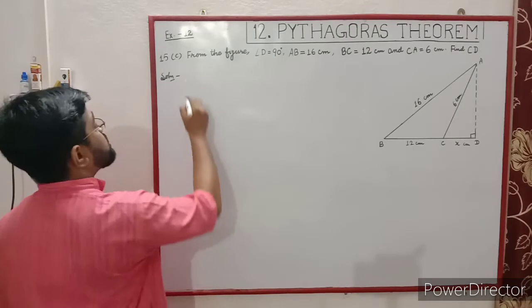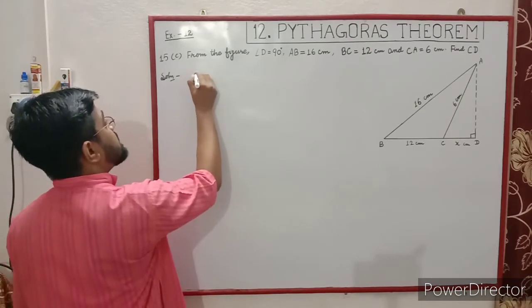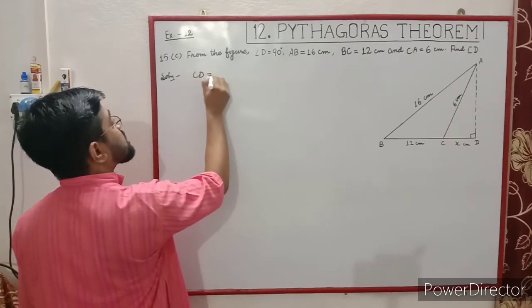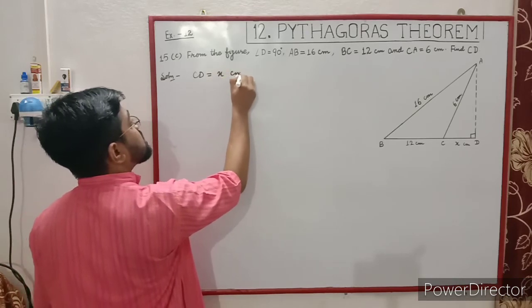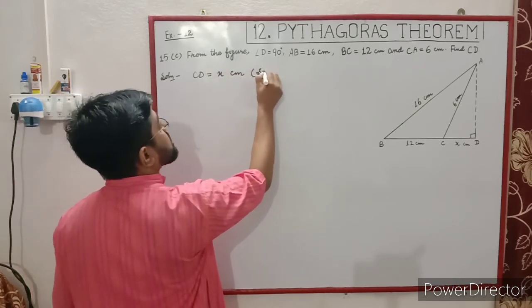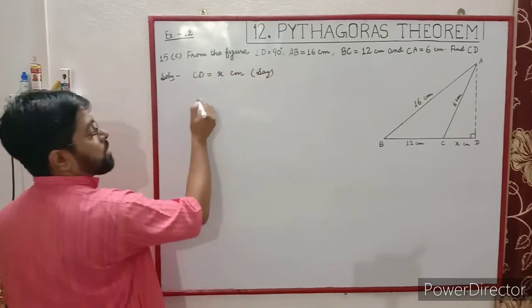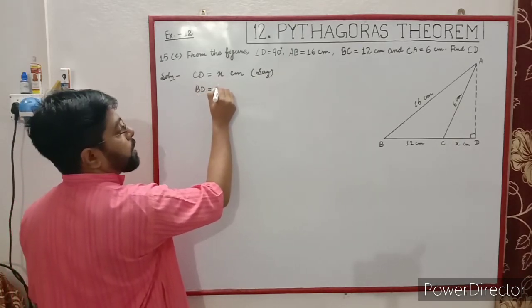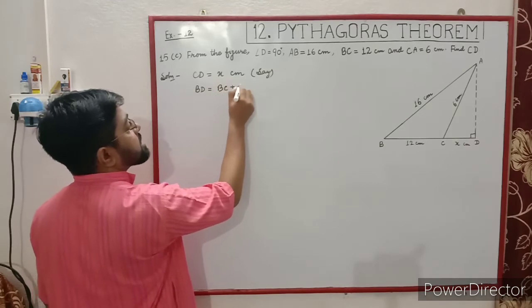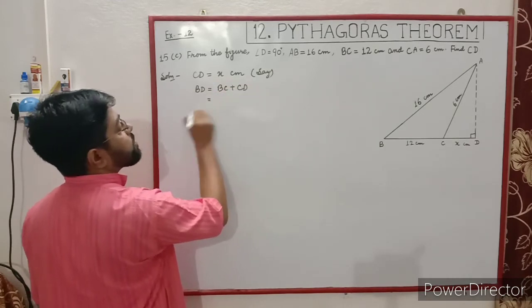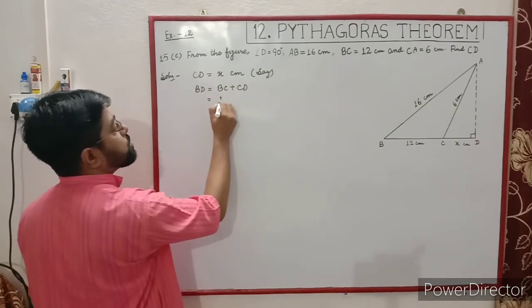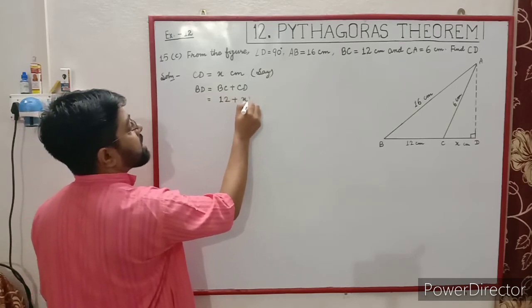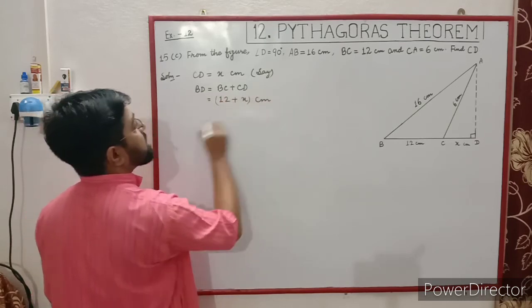So we assume the length of CD be x centimeter. Now BD is equal to BC plus CD, so BD is equal to 12 plus x centimeter.